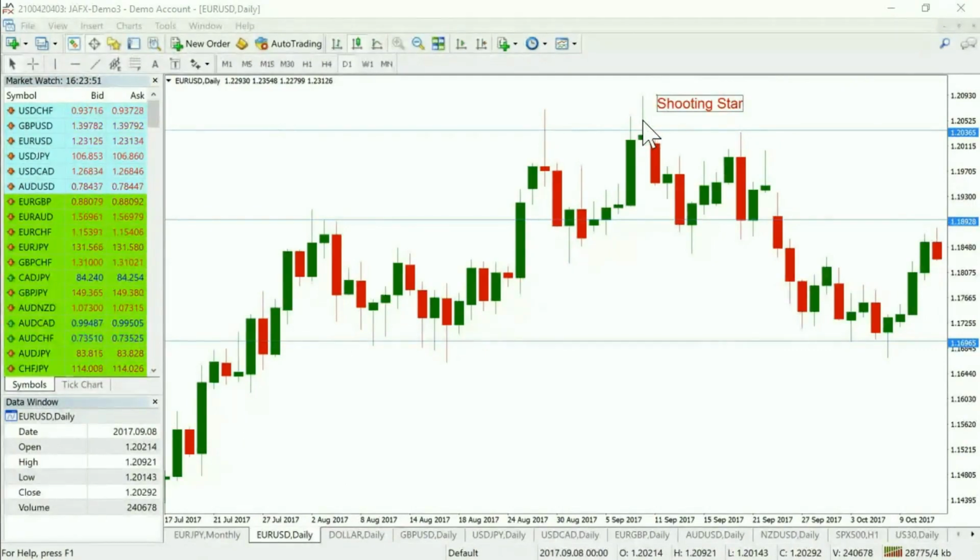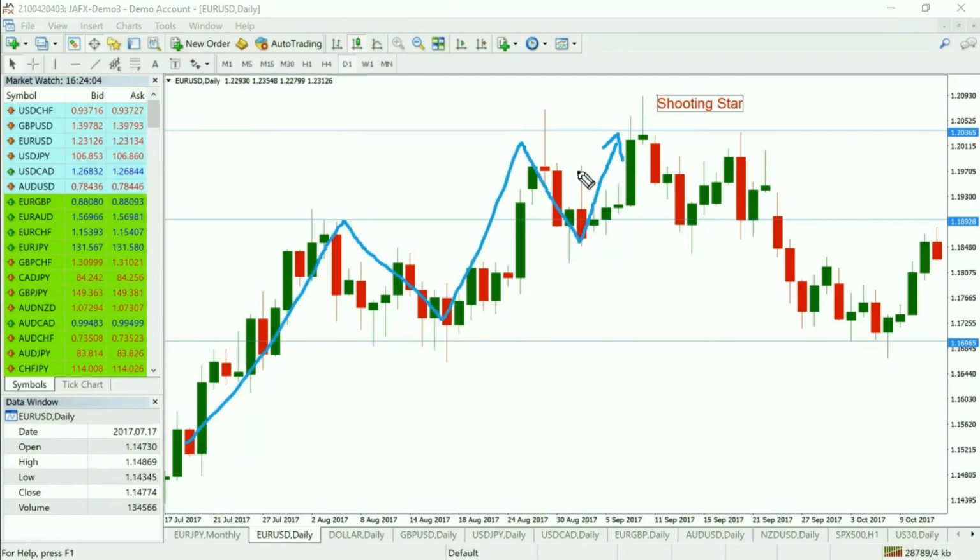If we're in an uptrend and we're identifying a shooting star, you need to see the uptrend, and we can see it consistently. So we're absolutely fine with the fact that this market is moving to the upside. This can become a significantly bearish bit of price action when we see a shooting star in an uptrend.